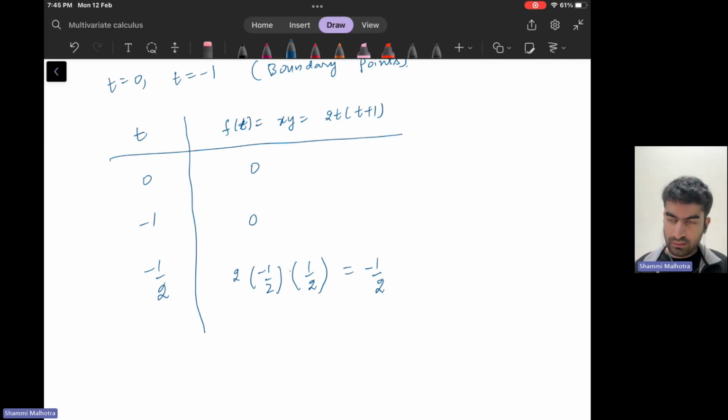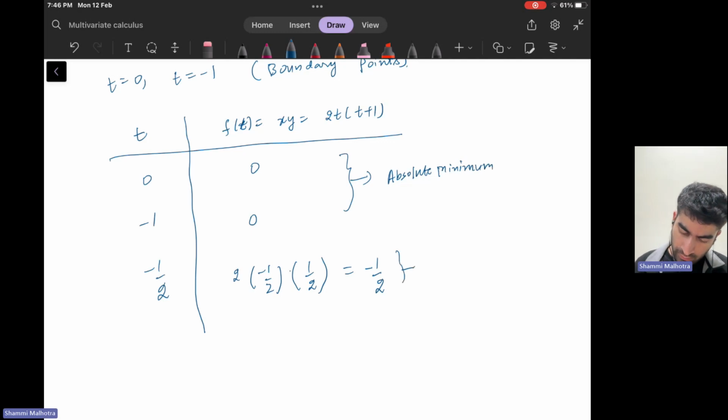So as we can see, these are the 3 points we have to check, and these are the points at which I'm getting the absolute maximum, and this is my absolute minimum.